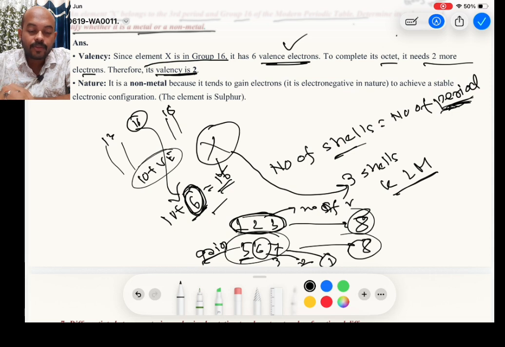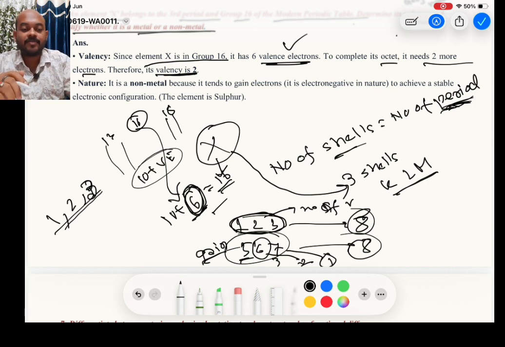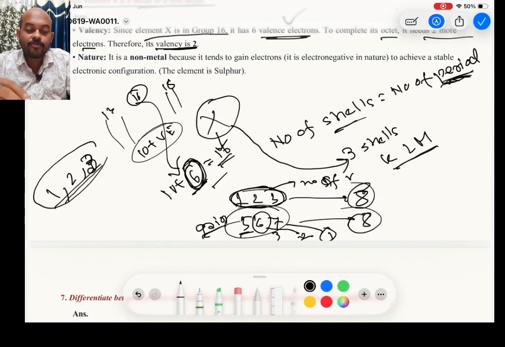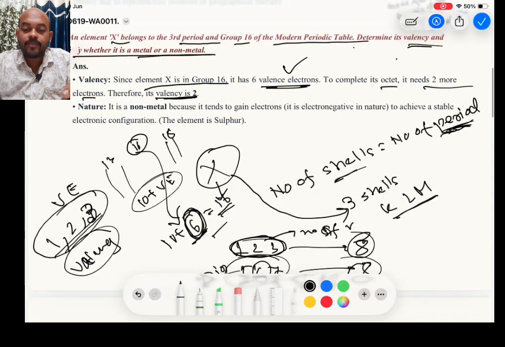So remember, whenever the valence electrons are 1, 2 and 3, it is a metal. But here we are not getting valence electrons, we are getting valency. So valency is 2, and it falls in group number 16.